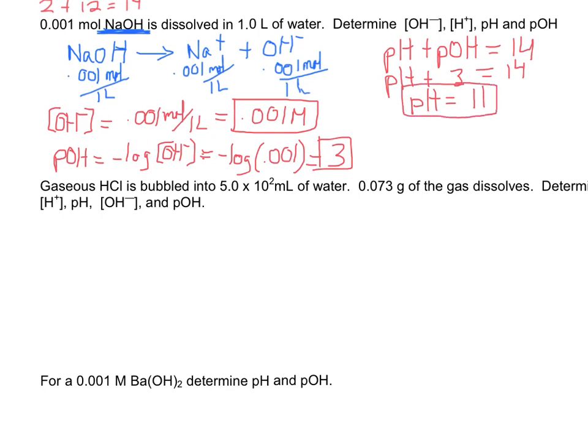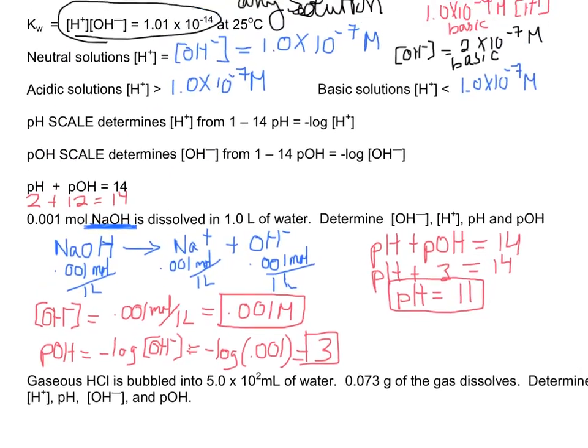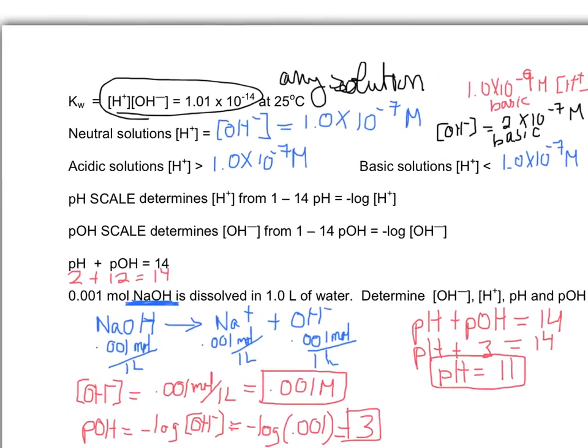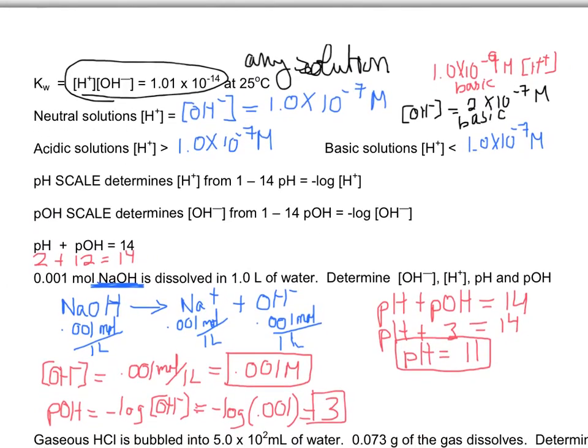And then last thing is the H plus concentration. So to find the H plus concentration, you have different ways of doing it. You can use this equation right here: the H plus times the OH minus concentration is equal to 1.0 times 10 to the negative 14. And so we have the OH minus concentration, so we can solve for the H plus concentration.